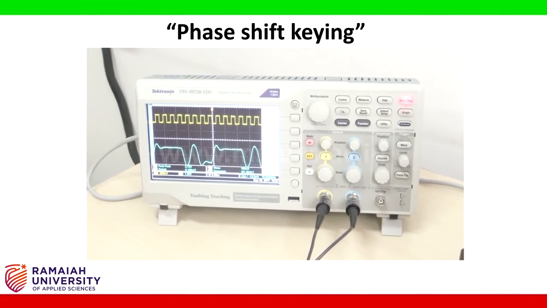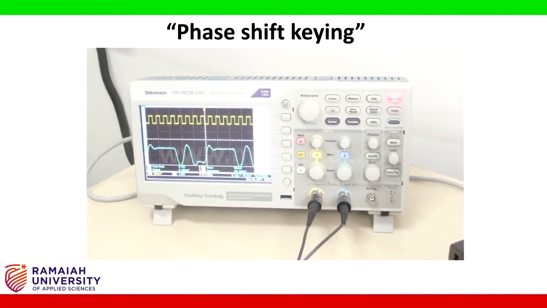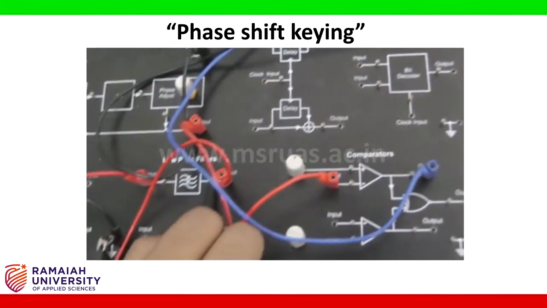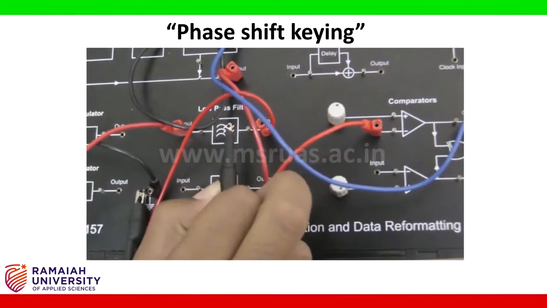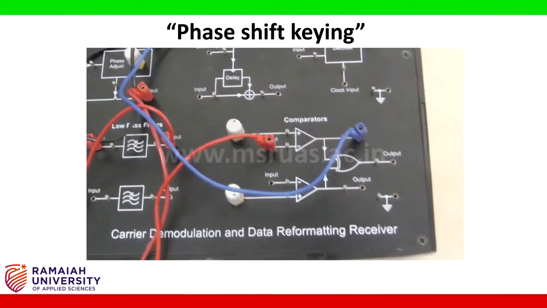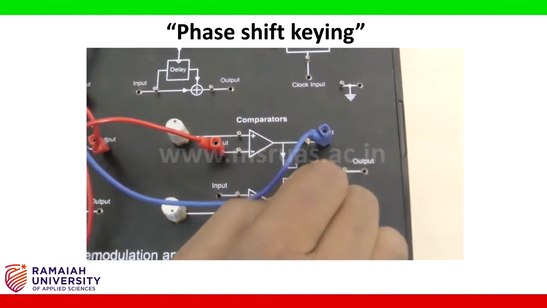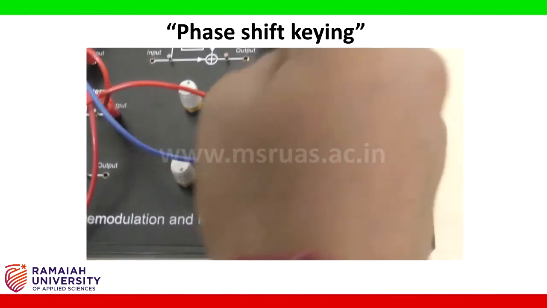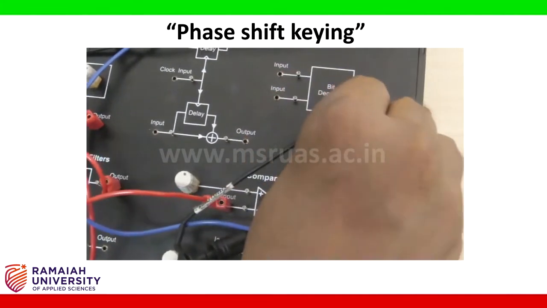Then remove the channel 2 probe from the output of the low pass filter and connect it to the output of the comparator, and the negative is connected to the ground.